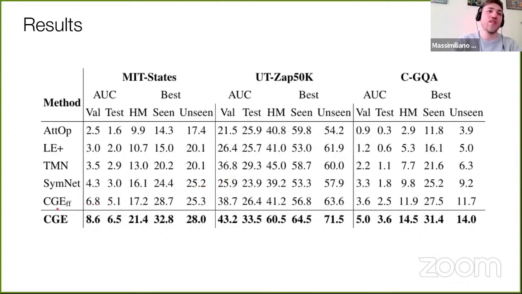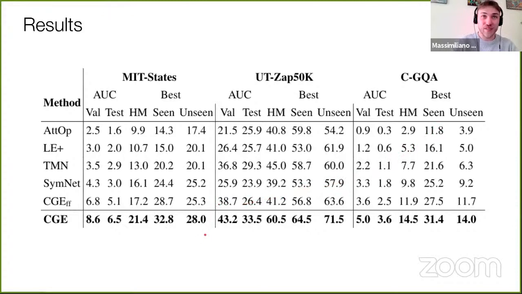But actually, as soon as you fine-tune the network end-to-end, the performances are pretty high and surpass all the other approaches in all benchmarks. It's also nice to see the unseen accuracy and the best harmonic mean, which are actually what give us the measure of how practical these methods are for predicting unseen compositions at the end.